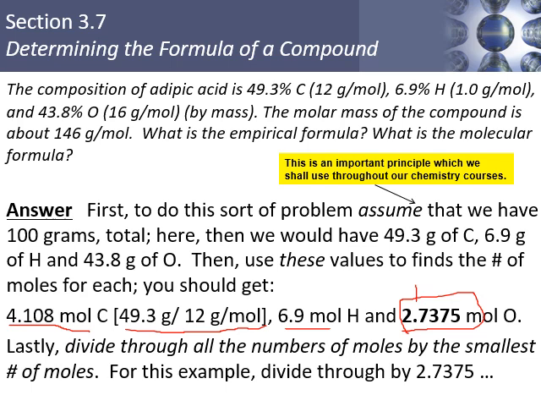And then you divide through all 3 of the numbers that I just underlined here by the lowest, which in this case is the 2.7375. So when you divide 2.7375 by itself, you're going to get 1. So that one's going to be 1 for the O. Let's go to the next slide.